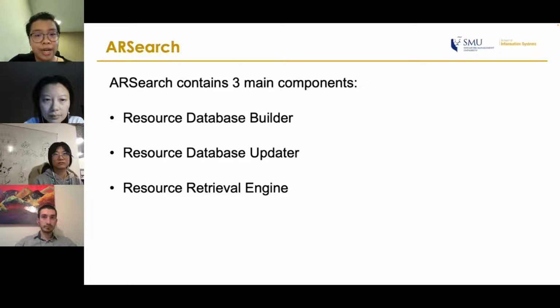It then stores them in the resource database, and the resource database updater can then be used to add additional API-related resources to the existing resource database. The final component, the resource retrieval engine, retrieves the API-related Stack Overflow threads and their relevant GitHub code examples when the corresponding API is queried.